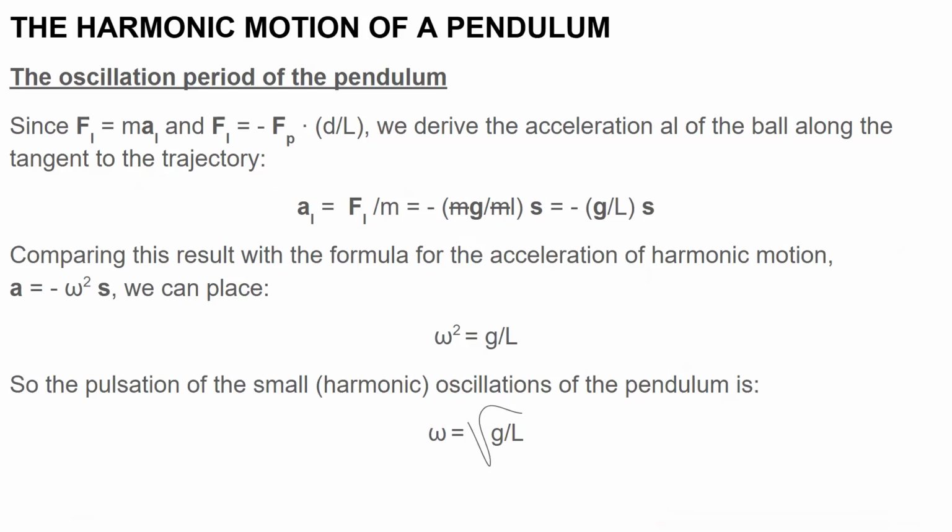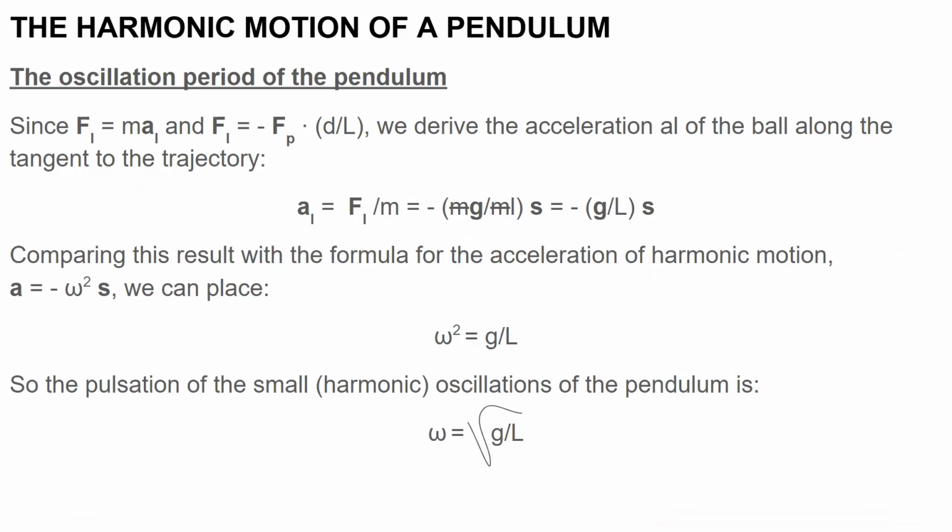From the previous equality, we arrive at this important result: Al is equal to Fl divided by m, equal to minus mg divided by mL times s, equal to minus the ratio g divided by L times s.